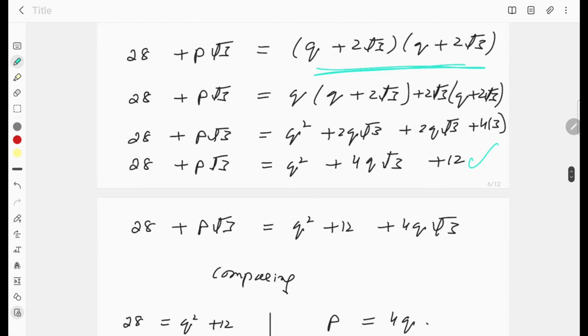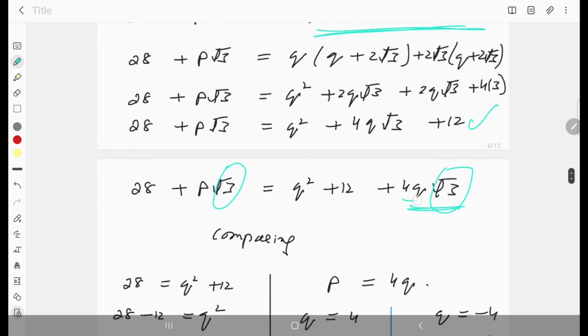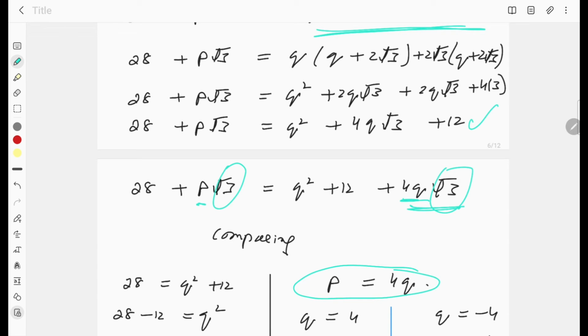I can rearrange it putting under root 3 separately, like over here, and then I compare both sides. The coefficient of under root 3 can be compared, so this 4q is equals to p in this case. Without under root 3, on left hand side I have 28 and on right hand side it is q square plus 12.